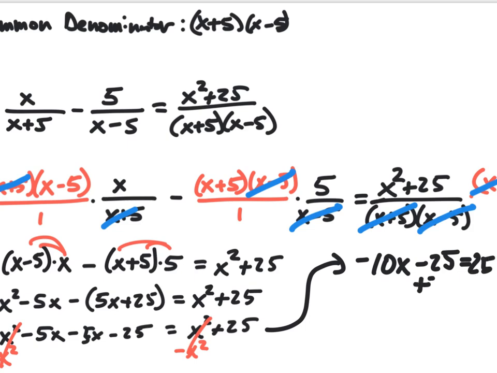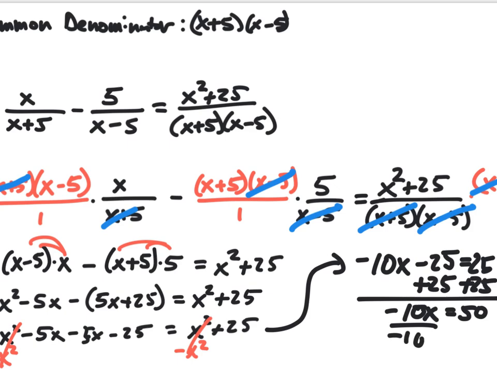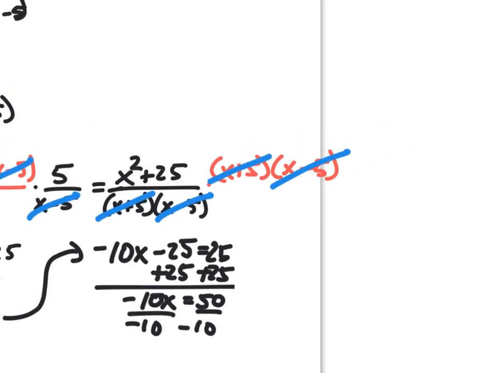Now, if I add 25 to both sides, this is going to give me negative 10x is equal to 50. And then if I divide by negative 10, I get that x is equal to negative 5.